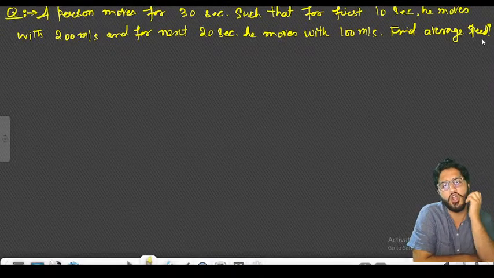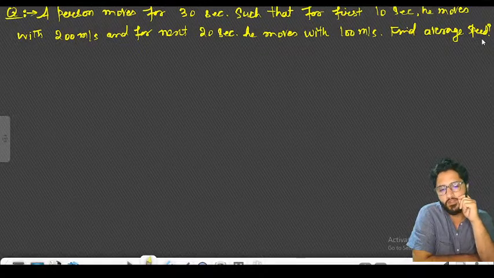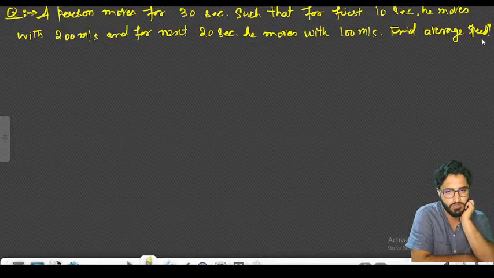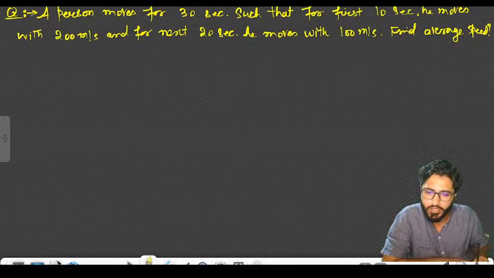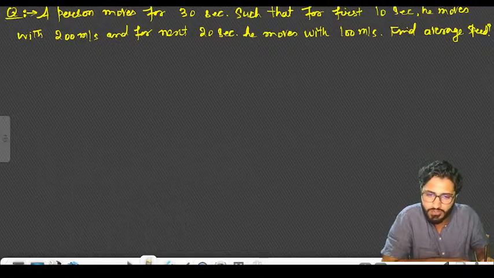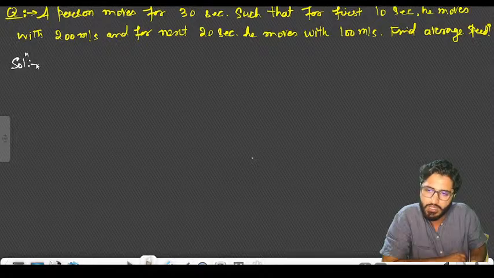So we have some formulas, right? One formula is total distance divided by total time. Second is (v1 + v2)/2. Third is 2 times v1 v2 divided by v1 plus v2. First of all, you need to tell me what parameters are given to us. t1, 10 seconds is given.